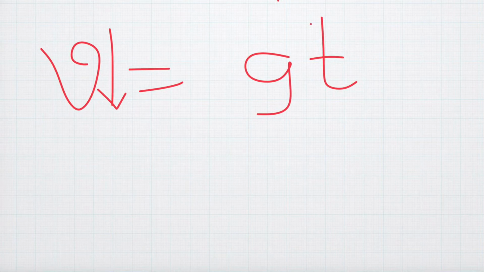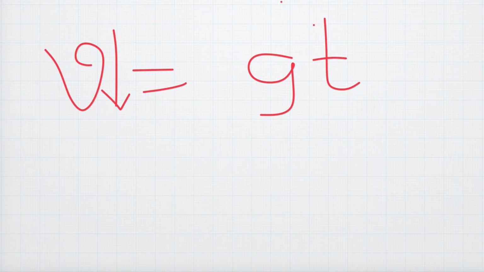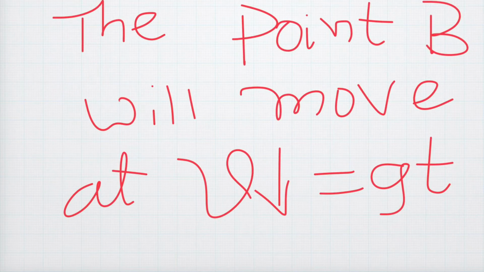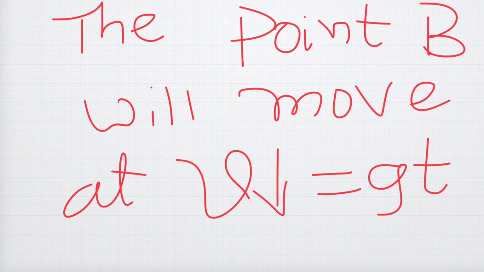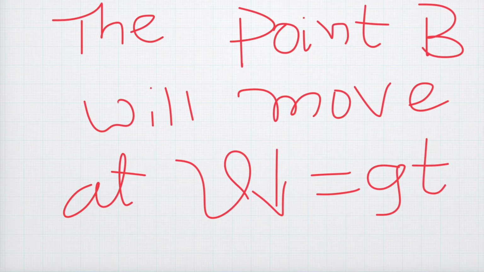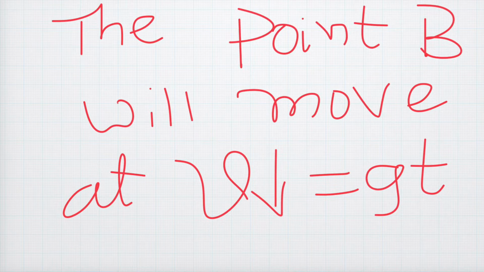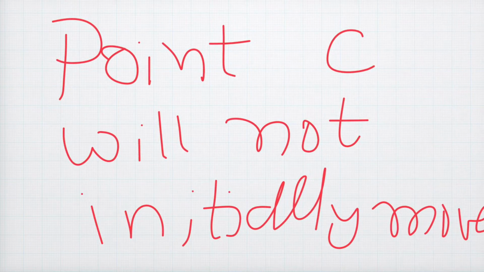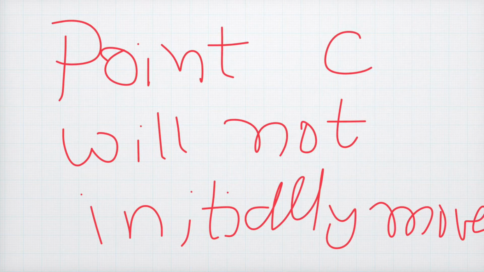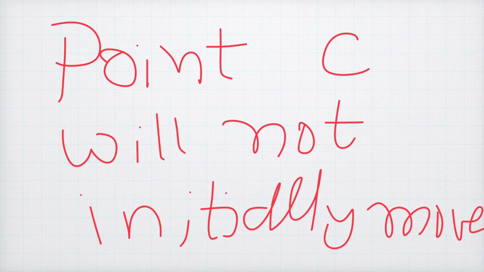So this is for one spring cut at A. That means the point B, where the center of gravity is there, will move down with the velocity equal to gt, and of course the point C will not move at all till the point B almost reaches that particular point.